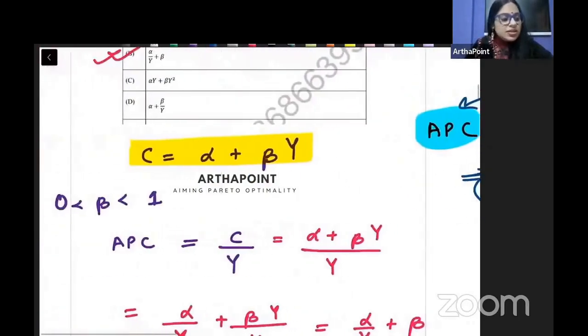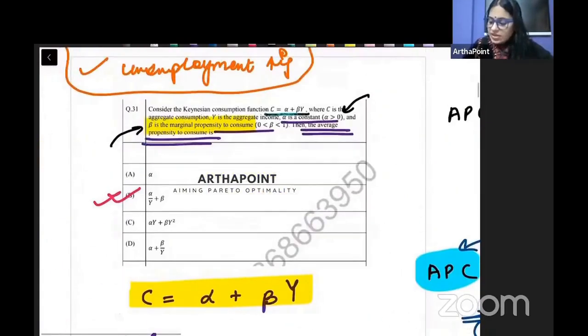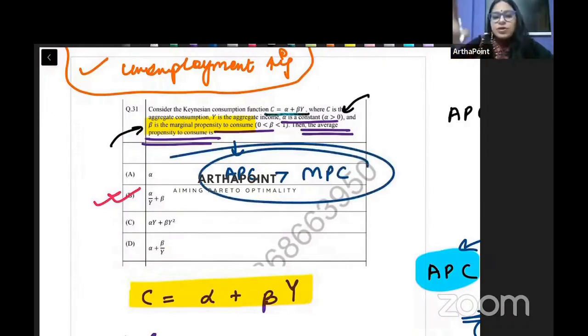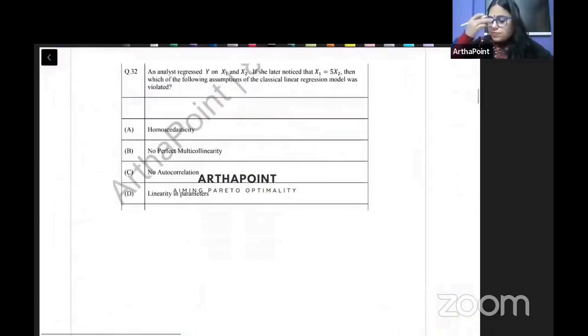So this is another result and therefore we can say that the correct answer, अगर कभी कुछ एग्जाम में पूछे the result, so you can always say that in Keynes consumption function, APC will be more than MPC. Another important result. Clear हुई बात? Okay beta, come to the next question.